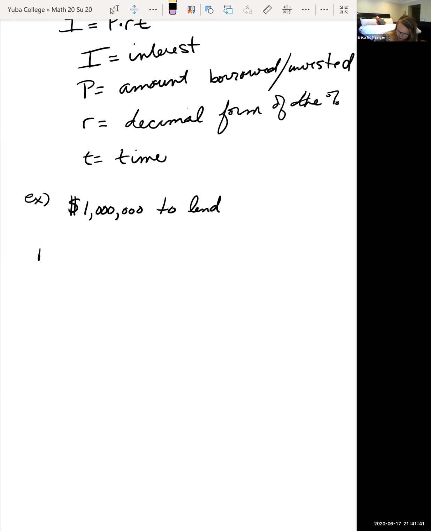So she needs a return on the investment, 18% per year.